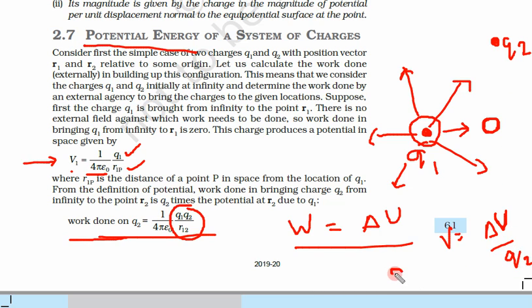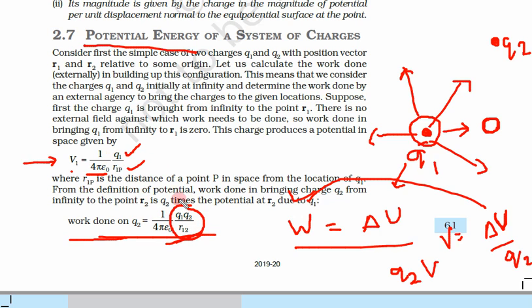So if we multiply Q2 with V, we get the work done. We take the potential V1 and multiply by Q2, so it is 1 upon 4 pi epsilon naught, Q1 upon R12.